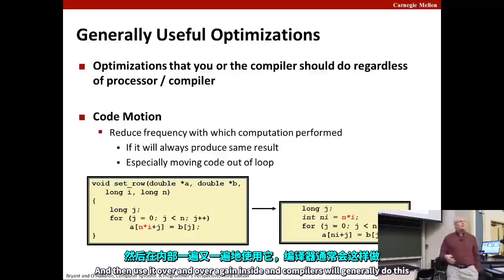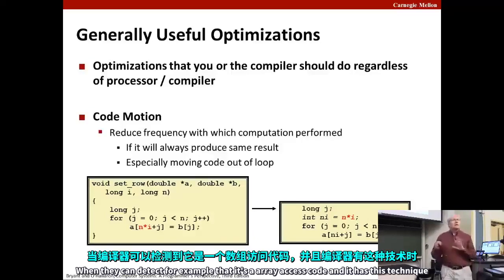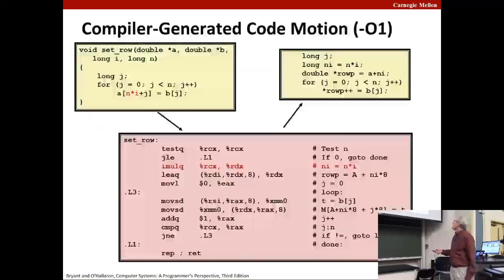And compilers will generally do this when they can detect, for example, that it's array access code. It will generally do optimizations like this if you set an optimization level of 1 or higher in GCC.